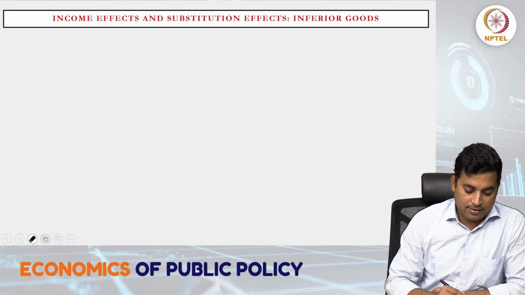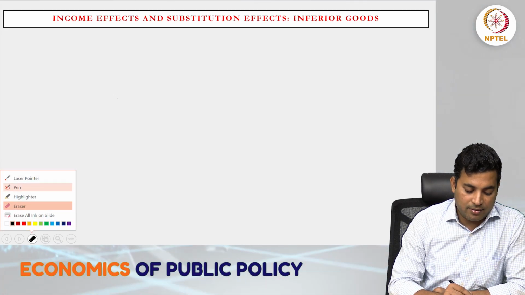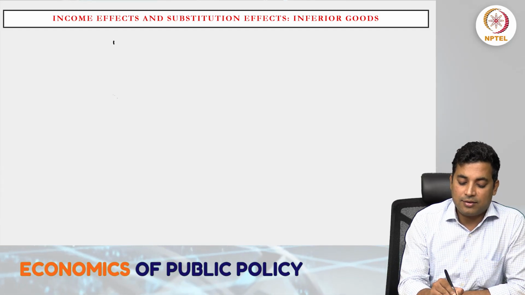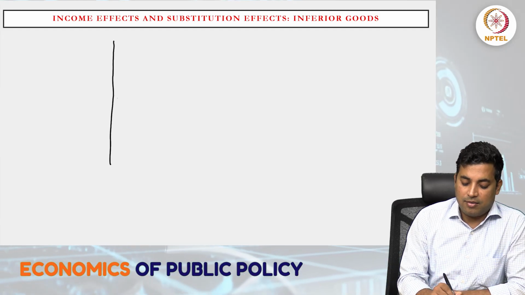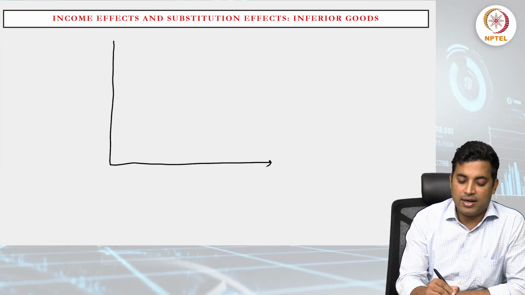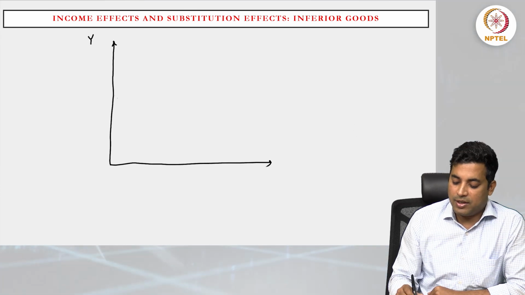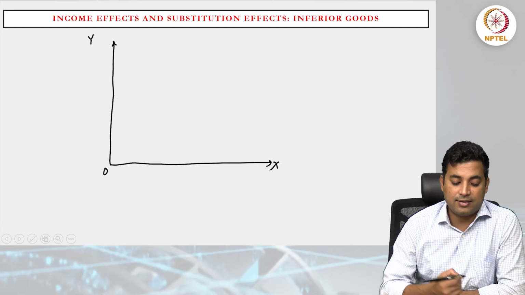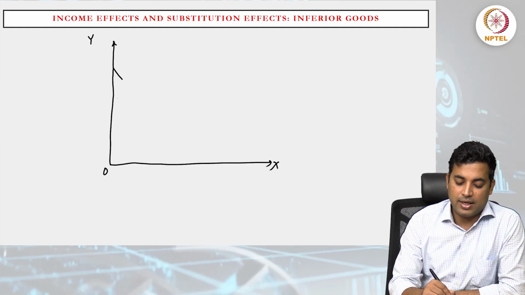So let's again take the graphical representations, and this illustration will give us better understanding. Again, two commodities, y and x, with x along the horizontal axis and y along the vertical axis.